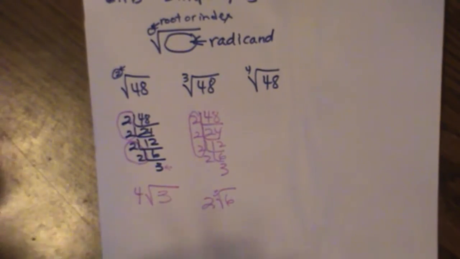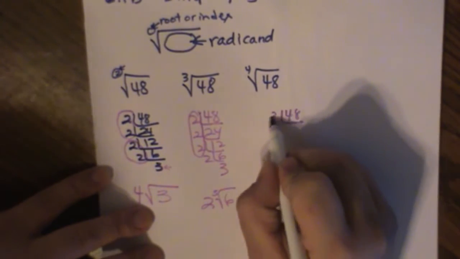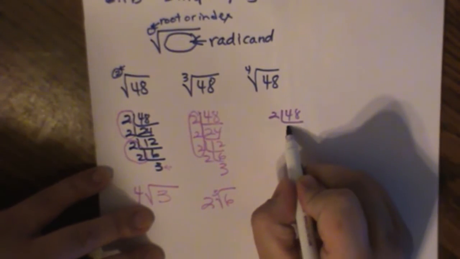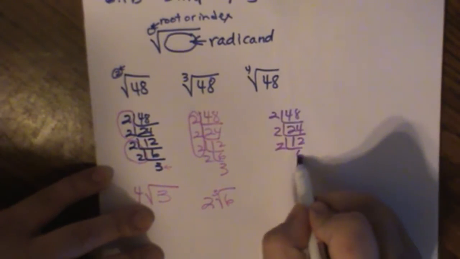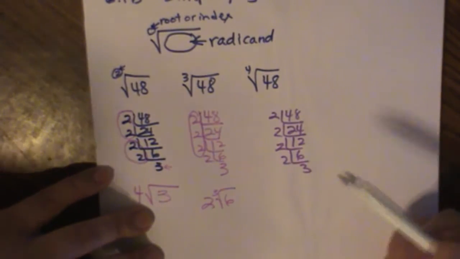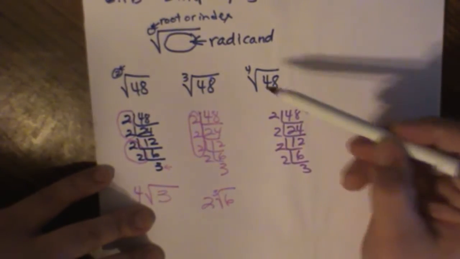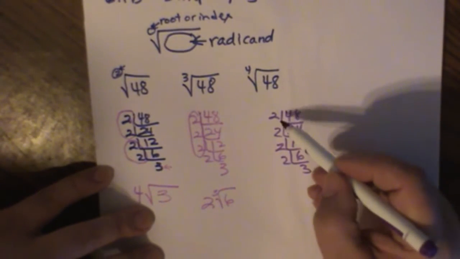Now, on the next one, we have 48. Again, we want to do the prime factorizations, which is 2 times 2 times 2 times 2 times 3. Now we have to have 4 of each one in order to take 1 out.